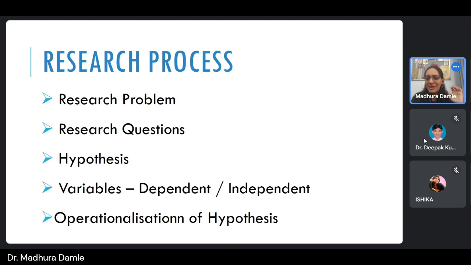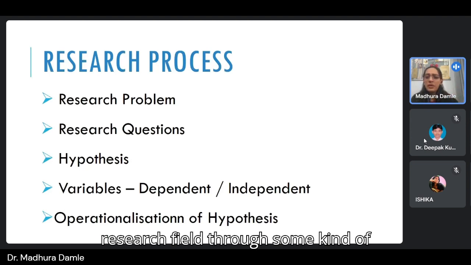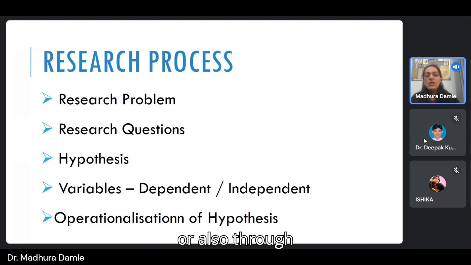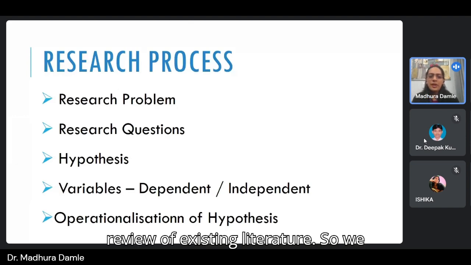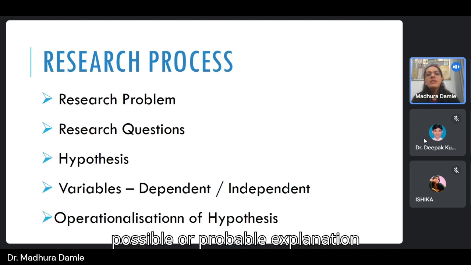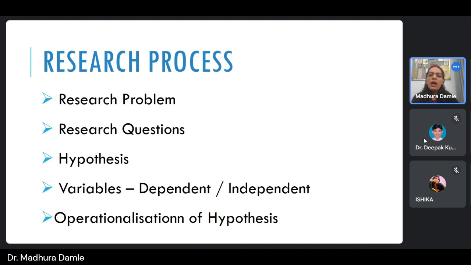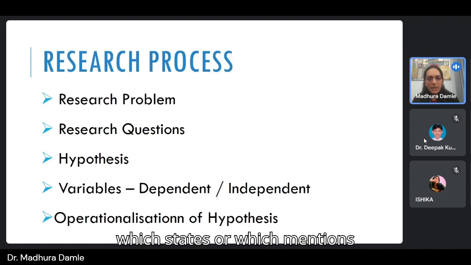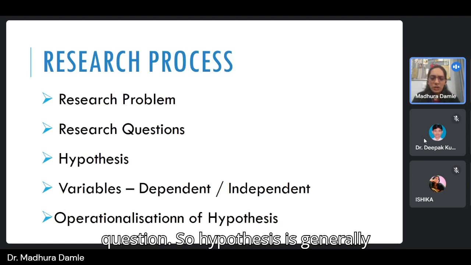We generally have a sense or an idea about our research field through some kind of pilot survey or pilot research work, or also through review of existing literature. So we have some idea or some probable explanation about our research question. Hypothesis is that statement which mentions this proposed or probable answer to our research question.